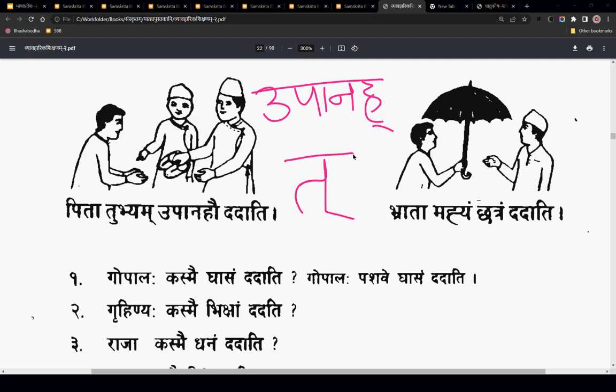Upanat, upanahau, upanahah. Dvitiya: upanaham, upanahau, upanahah.